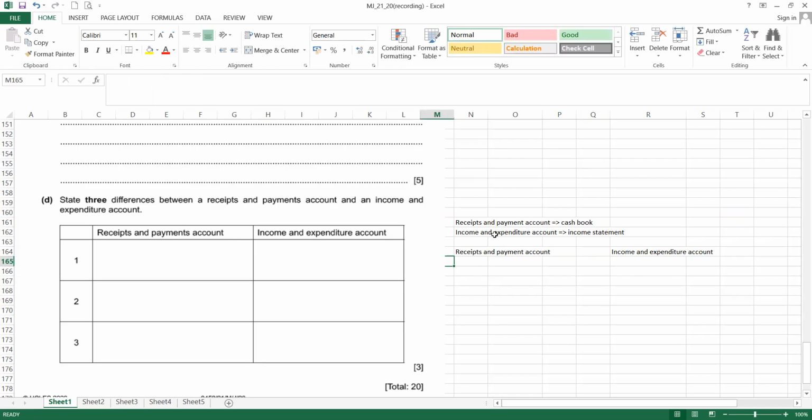Okay. Let me put into here. Okay, number one, as I say, this one is just like a cash book. So what is the cash book purpose?